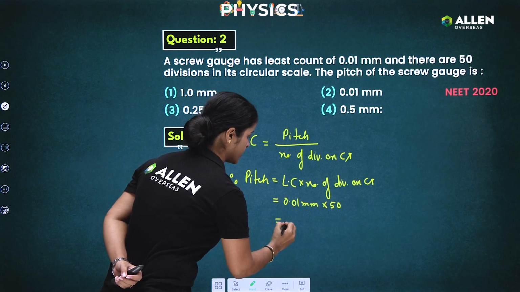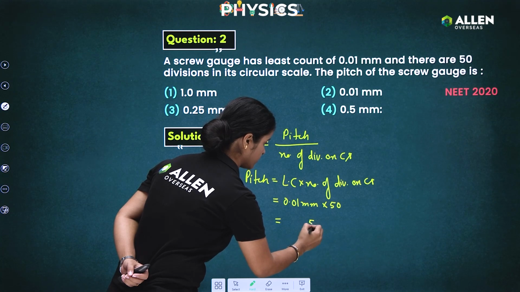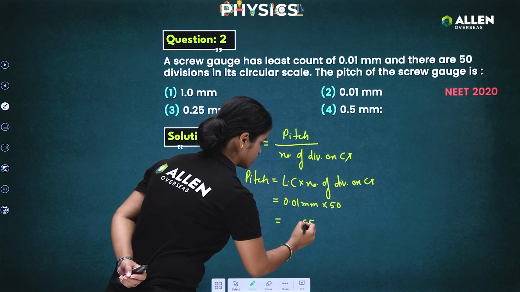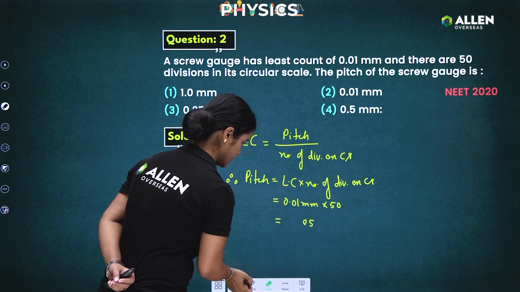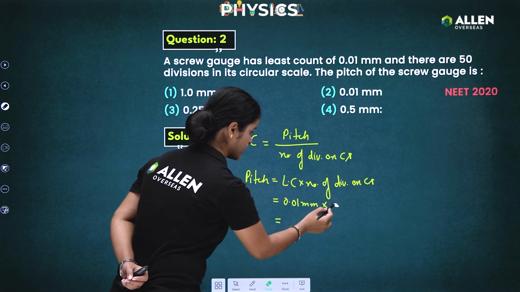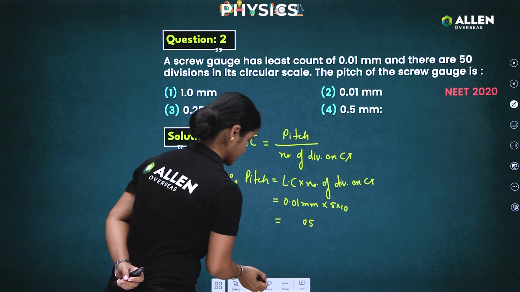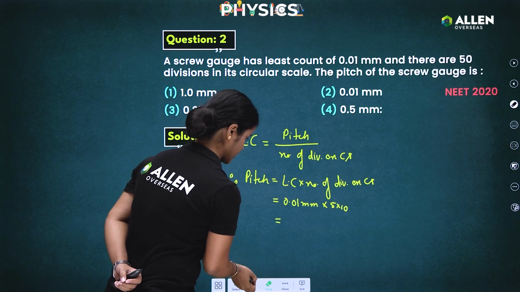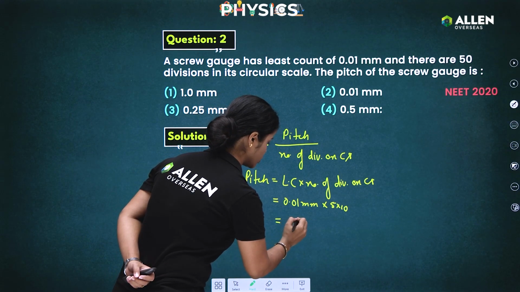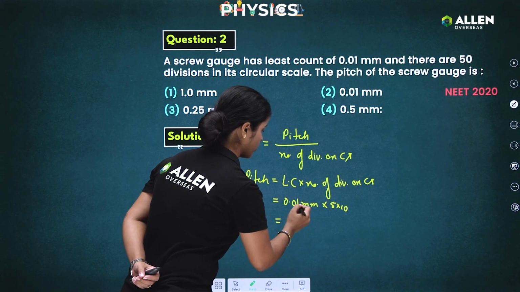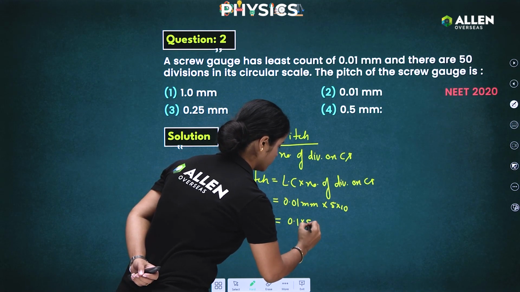What we are going to find? We are going to find here 50. I can also write it as 5 into 10. So in the next step, I can write it as 0.1 into 5.